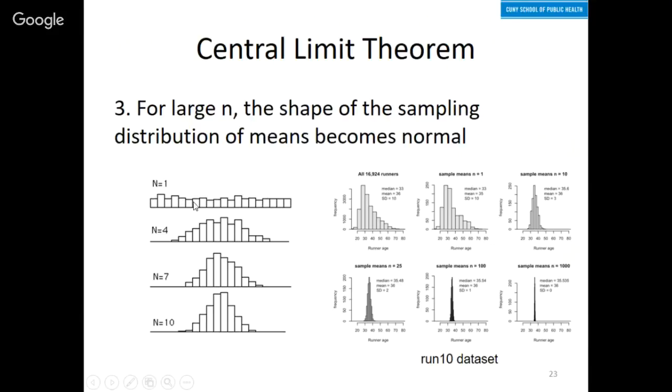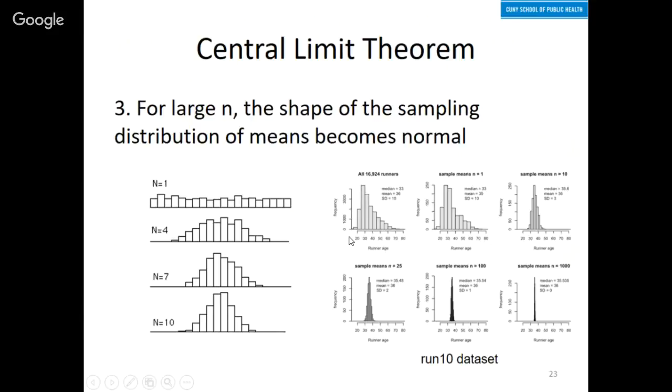So no matter if your population has a uniform distribution, these are the sampling distributions for samples of size 4, 7, and 10, it becomes normal, even though the population was not normal.